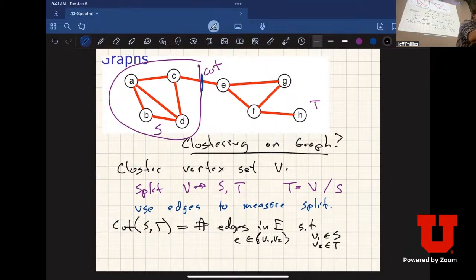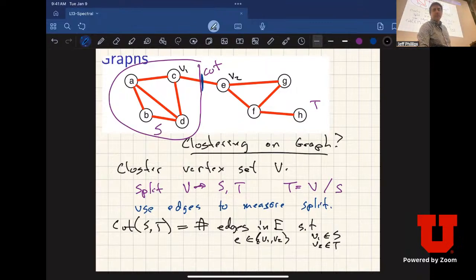This would be like V1 and this would be like V2. V1 is in S, V2 is in T, and that edge between V1 and V2 is part of the cut. The cut is the number of edges which have crossed.